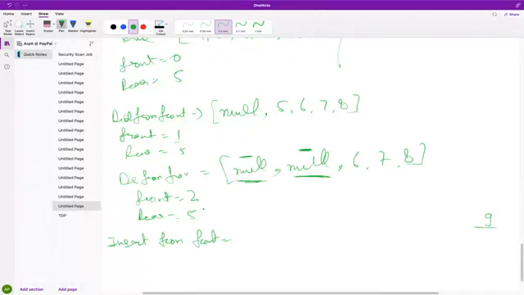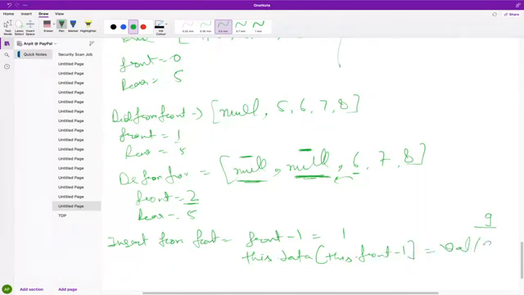So what we'll do, we'll look at our front value, wherever our front is. Our front is right now at this place. So we will do front minus 1. As we do front minus 1, we get 1. It means this position, and in this position we will insert it: this dot data, this dot front minus 1 is equal to value, or 9.